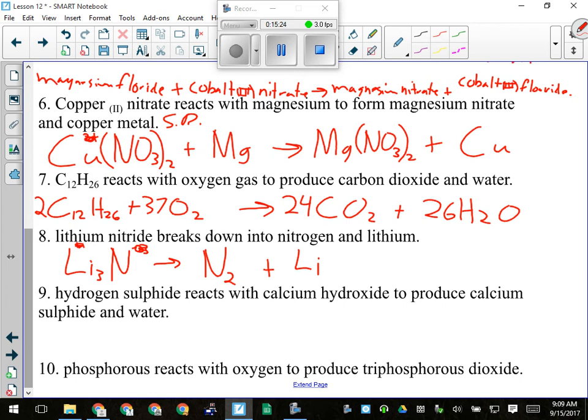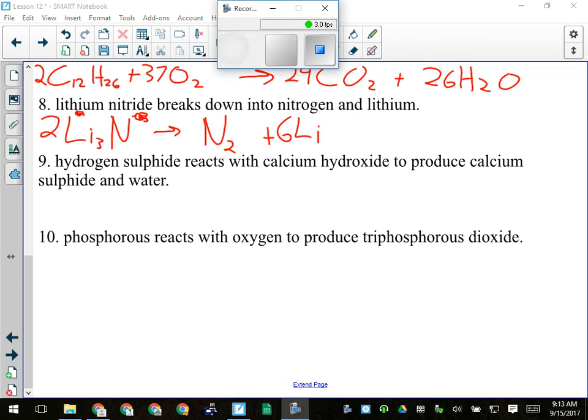I could go over here and put a 3 beside lithium, but is that going to solve any problems for me? No, it's not. All right, so I'm going to put a 2 here and balance the nitrogens first. Okay, now my nitrogens work, and I can very easily put a 6 over here and have my lithium be balanced. Okay. All right, give you a few minutes on 9 and 10, okay, and then we'll go over those ones.